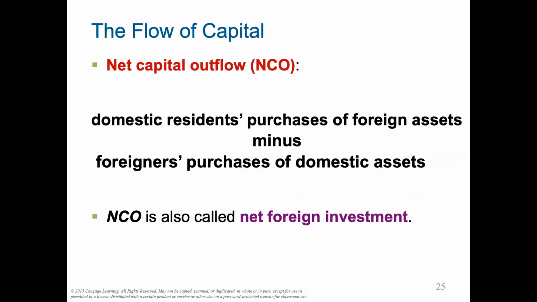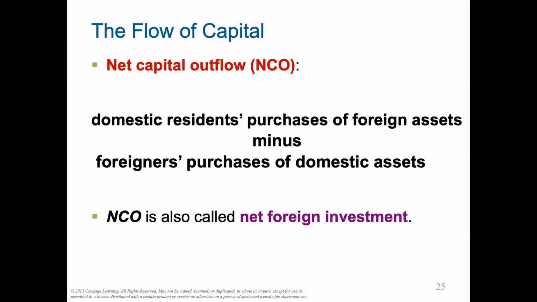Money, capital, flows as well. And capital is what? Foreign assets and domestic assets. They are things that are owned in the United States, or they're things that are owned in foreign countries. The net capital flow, otherwise known as NCO, is domestic residents' purchases of foreign assets minus foreign purchases of domestic assets.